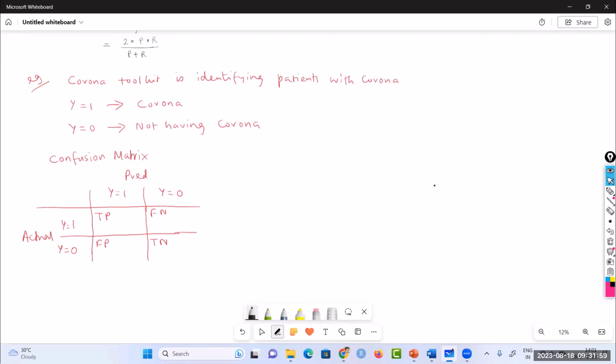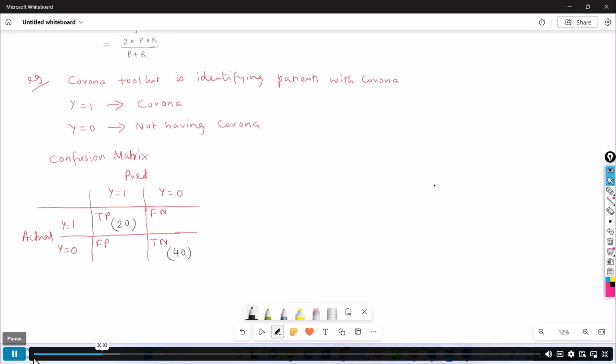Let's say I have 20 in true positive, 40 in true negative, and let's say 60 false positive and 0 in false negative.